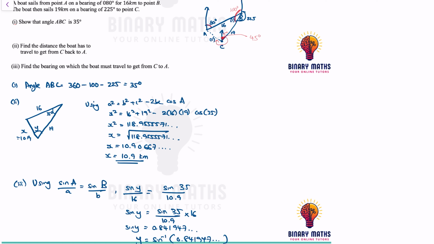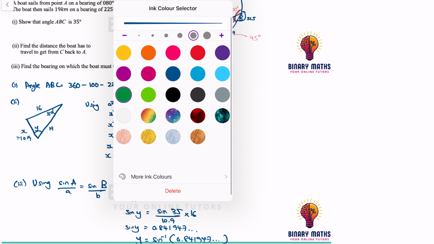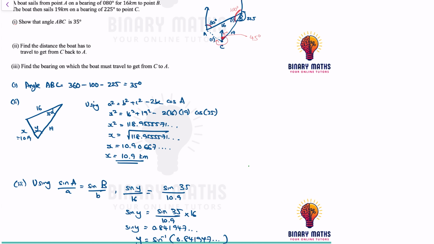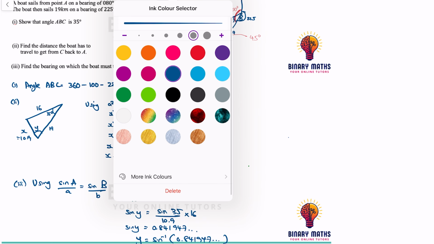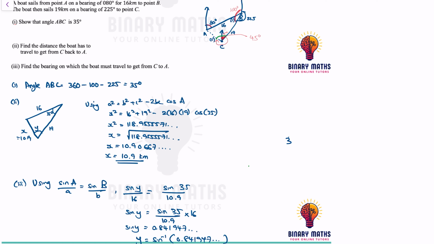That's not what we're trying to find out here. We've just found out the whole thing there. Let me use a different color. This y is all of this. If I want to find the bearing on which the boat must travel, because angles around a point are equal to 360, it must be 360 take away the value I just found out, which is minus 57.35.